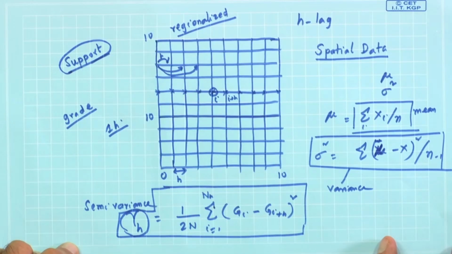Each type of regionalized variable will have a different support. For example, the surface elevation on the earth's surface can be thought of as varying only in terms of kilometers, whereas an ore body grade can be visualized as varying within just tens of centimeters or tens of meters, and that also might vary in different directions, like along strike, across strike and so on.